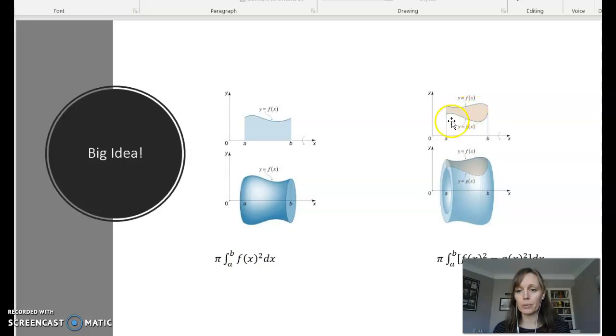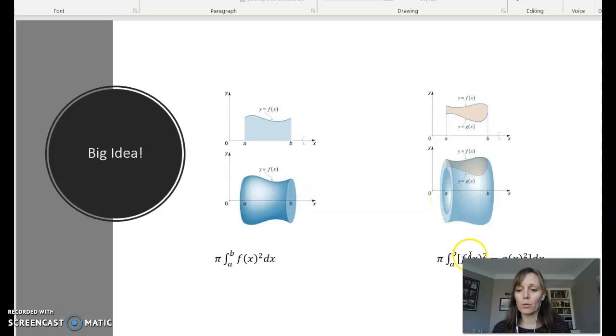The other situation that we have here is when we have two functions that are being rotated around some sort of axis. And if you notice, this creates some space in the middle, so it's no longer a complete solid, but we have to think about that space that doesn't exist. And so what we're looking at in this situation is finding the volume of the outer function, so that would be f of x, and then subtracting the inner function, and that's how you get that hole in the center.